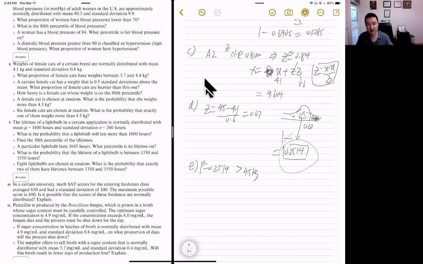For this experiment, we pick 6 cats, and for each pick the probability of the cat being heavier than 4.5 is the same, 25%. So this experiment follows a binomial distribution, with n here being 6 and p being 0.2514.